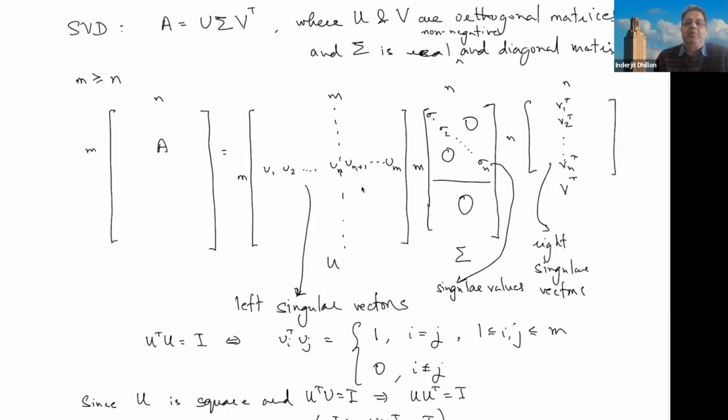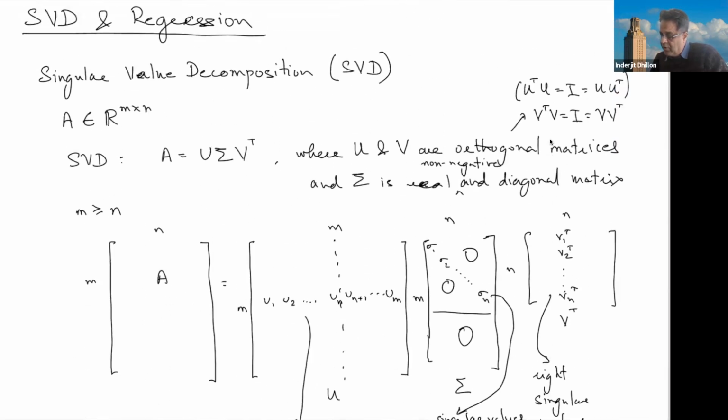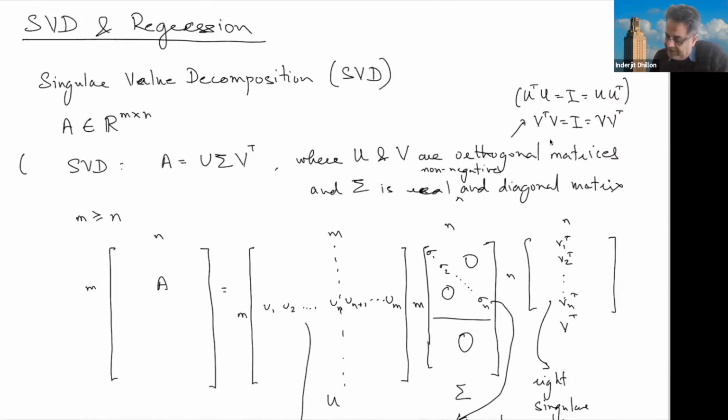And this part, Un plus 1 through Um, is actually multiplied by the 0 matrix, this part. And that's actually 0. So really, the way you can write this decomposition is A is equal to the first part of U times the upper part of sigma, and the V is left unchanged in the case that m is greater than or equal to n. So sometimes people will call this the full SVD.